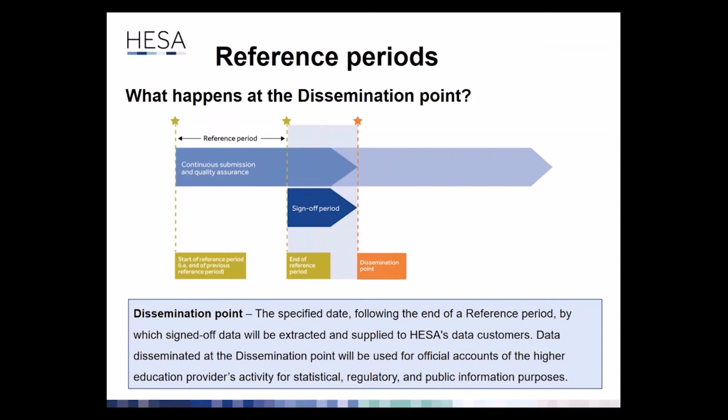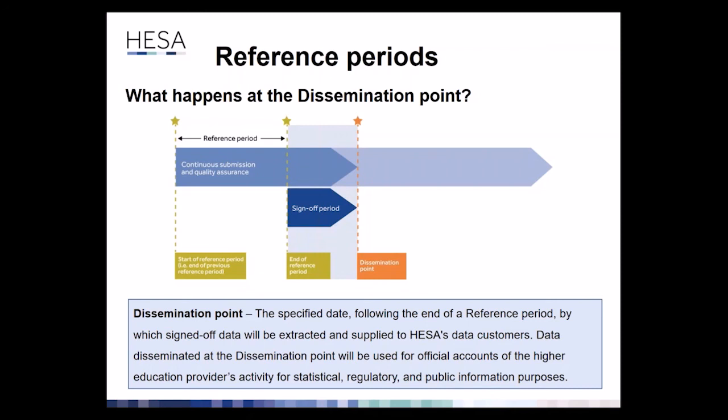But you know the reference periods, and you can assume that sign off will be expected fairly promptly following the reference period. So it's going to be a process that follows immediately on the heels of the end of the reference period. How immediately and how many days, weeks, months is still to be determined. So they've not yet been finalised.